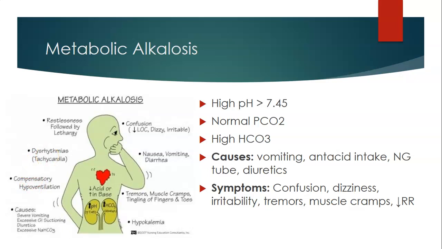That person's brain is taking over and slowing down their breathing in an effort to fix their levels, essentially. So all of these systems work really well together to keep acid-base balanced, because any deviation in a normal acid-base balance can be really detrimental to the entire body eventually.